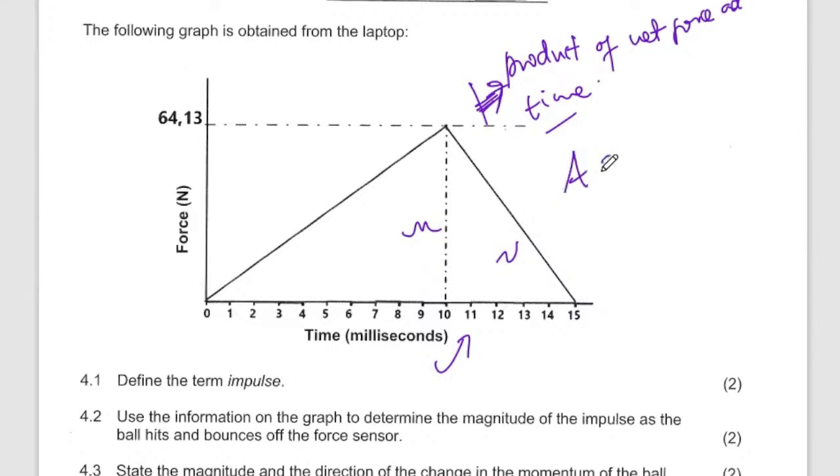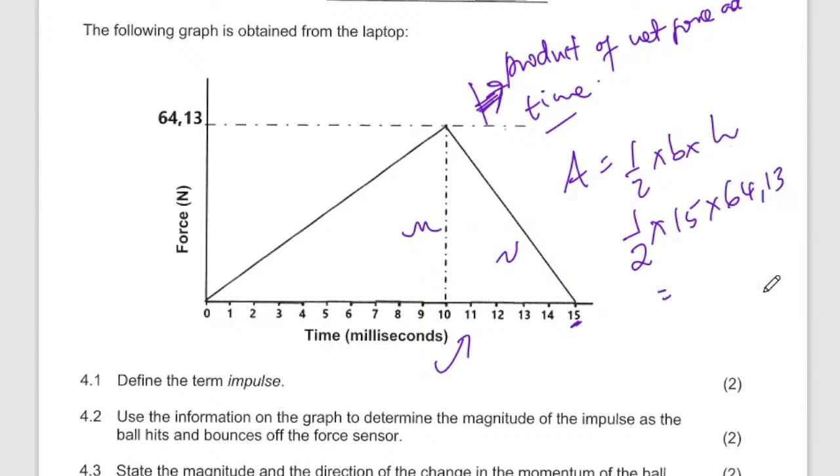The area of a triangle is a half times the base times the height. So that's a half, our base is 15, from 0 up to 15, and our height is 64,130. A half times 15 times 64,130 gives me 480,98.